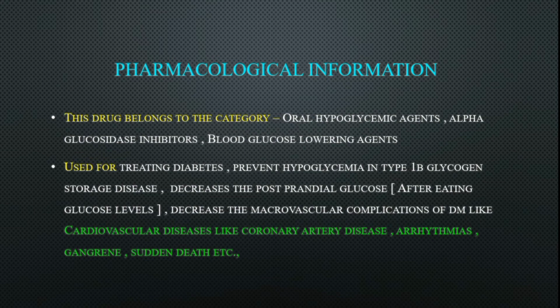So these macrovascular complications of diabetes are cardiovascular diseases like coronary artery disease, irregular heartbeats like arrhythmias, either tachycardia or bradycardia, and gangrene and sudden death. So these are the uses of Voglibose, which are used to treat and to prevent.